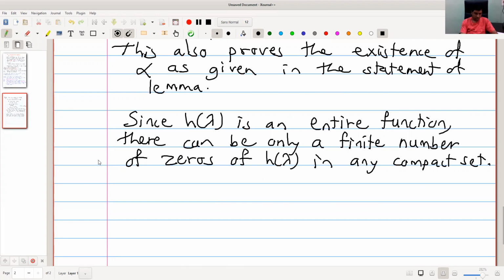So this proves the third part, and hence the lemma. Okay, this proves the lemma.